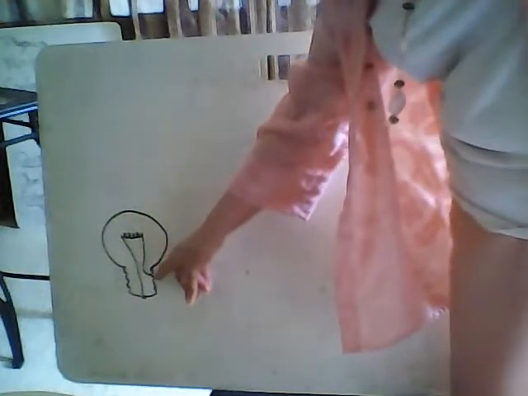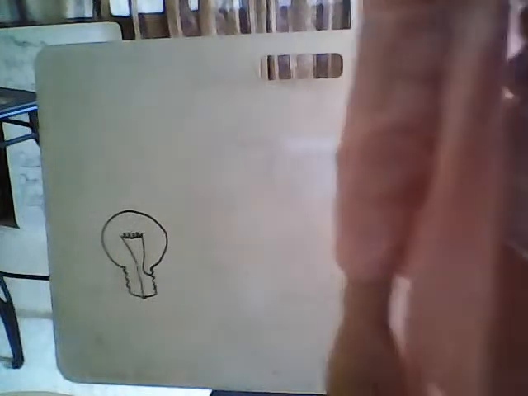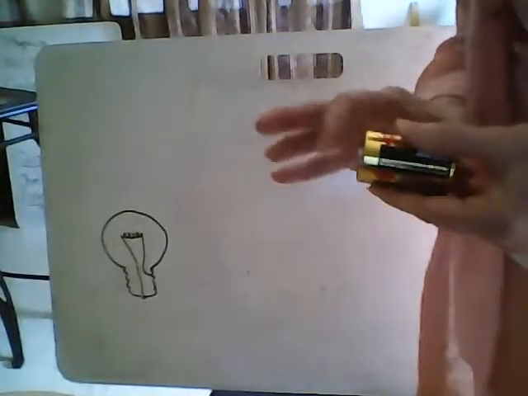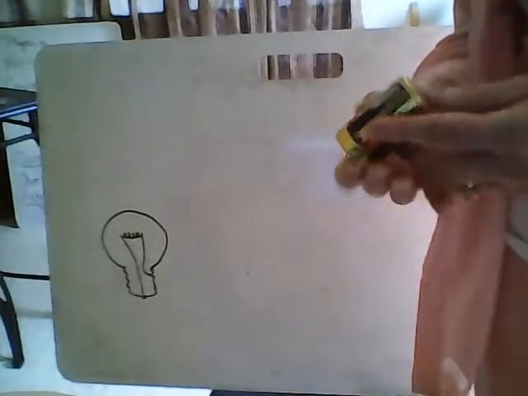And then the circuit continues out the side of the bulb so that we have the same way as we did with the battery. We have an input and an output. So it's going from positive to negative. So that means that there is a 1.5 volt difference between one side of this battery to the other.